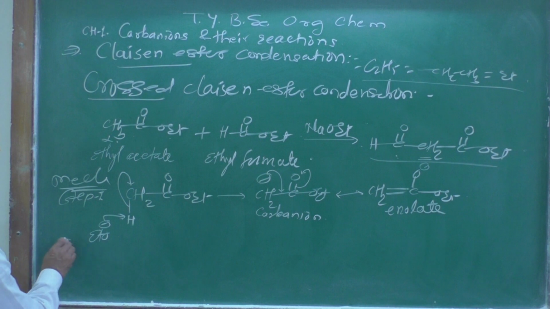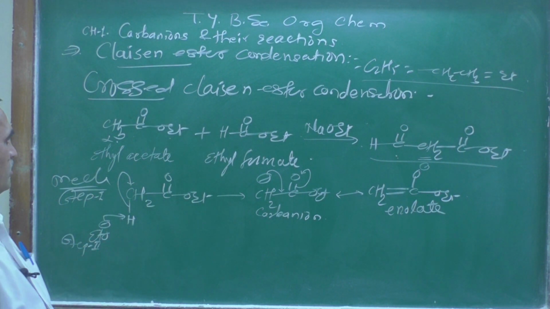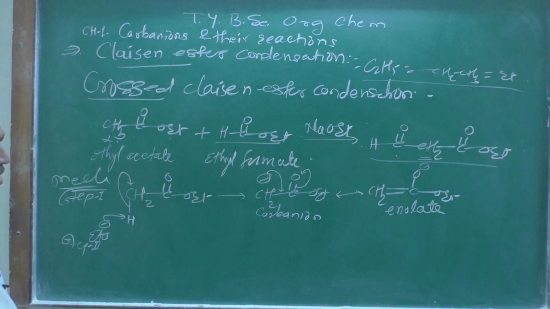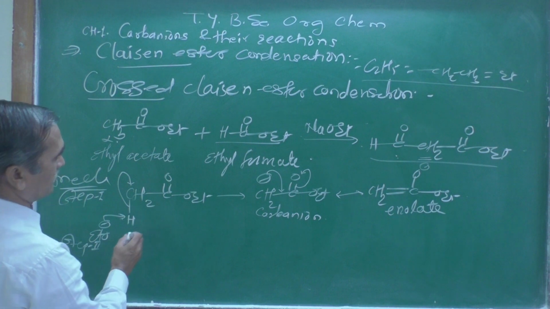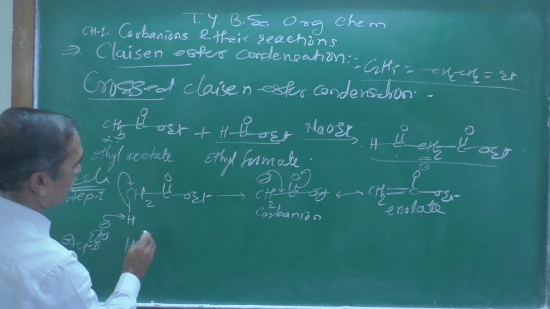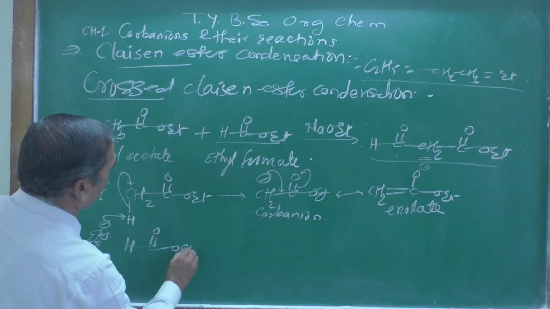Now in step two, what is going to happen? Let us take another molecule of that ester, ethyl formate, HC double bond OEt.